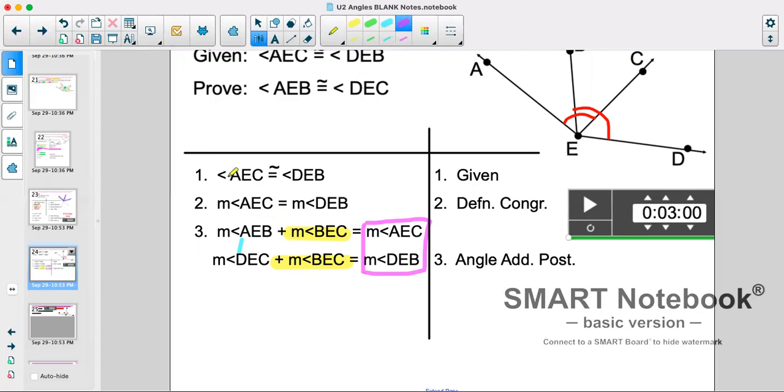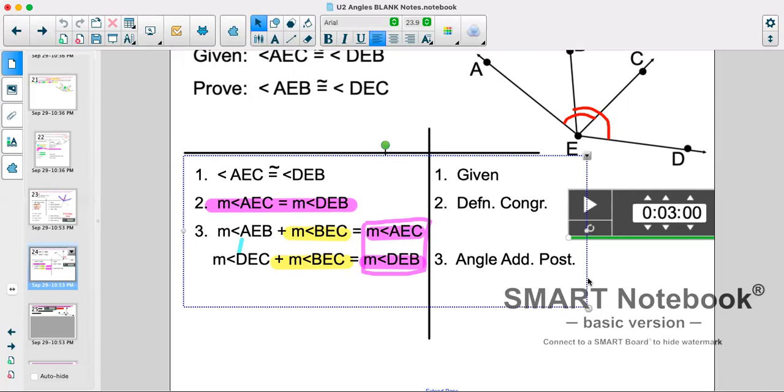I want you to look at what was given to you, more specifically, what you got from the given. There's the measure of angle AEC. There it is again. Here's the measure of angle DEB. There it is again. I know that those two things are equal, which means these two things here are equal. It also means that I can substitute one for the other. That's what I'm going to do. I'm going to just pick this second statement to manipulate, and I'll show you why in a second.